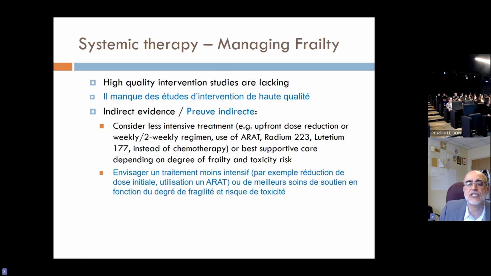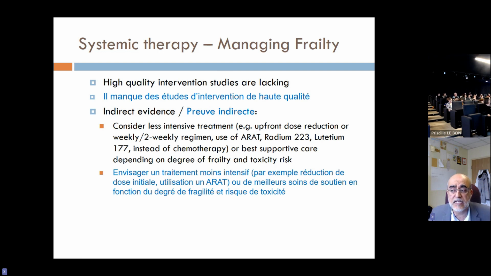So how do we manage frailty in the setting of systemic therapy? I'm wrapping up here. There are very few high-quality intervention studies, especially in the setting of prostate cancer. We have indirect evidence from other settings. So we strongly suggest, based on expert opinion and non-randomized studies, that individuals who are pre-frail or frail should consider an upfront dose reduction of at least 15 to 25%.